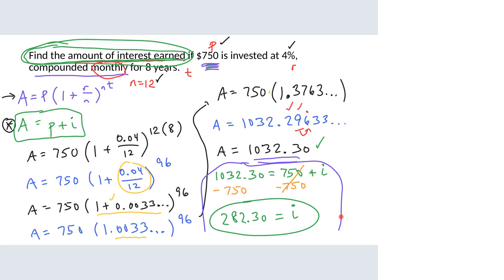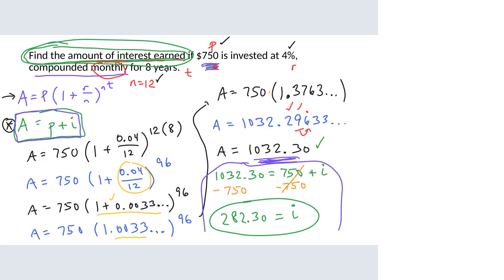If you're more comfortable with the formula, don't hesitate to use the formula. If it's very comfortable for you to say, well, if he ended up with 1,032 and he started with 750, I'll just subtract because that's what the interest is, then great. That's fine too. As long as that's comfortable for you and you're getting them correct repeatedly, then that's perfectly fine.